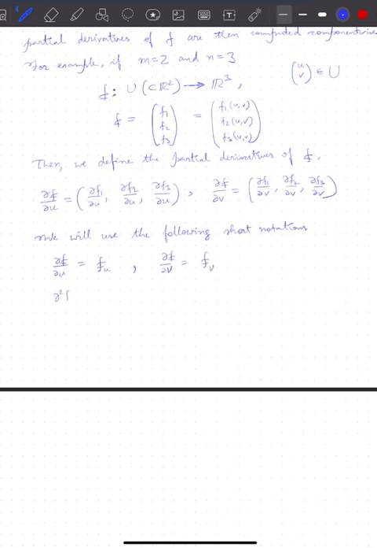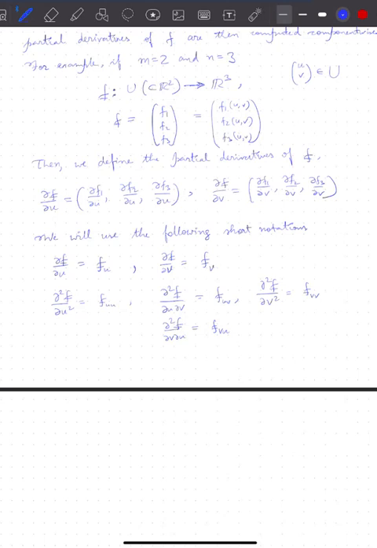Likewise partial squared f by partial u squared is f vector uu, and partial squared f by partial u partial v is f vector uv. Partial squared f by partial v squared is f vector vv. Of course, there is one more remaining: partial squared f by partial v partial u is equal to f vector vu.